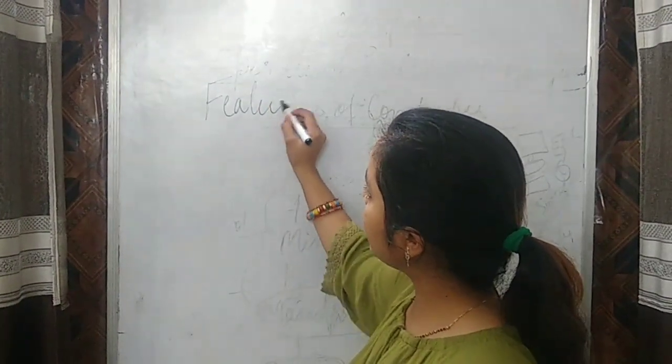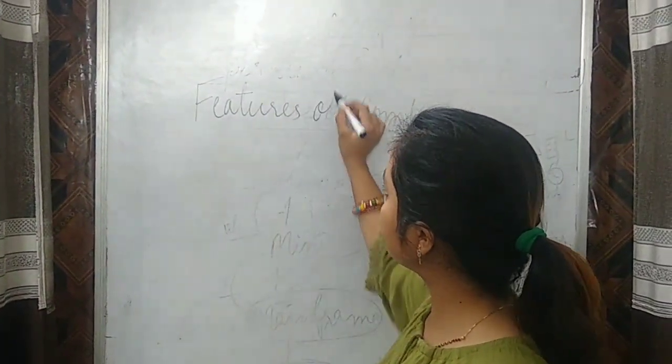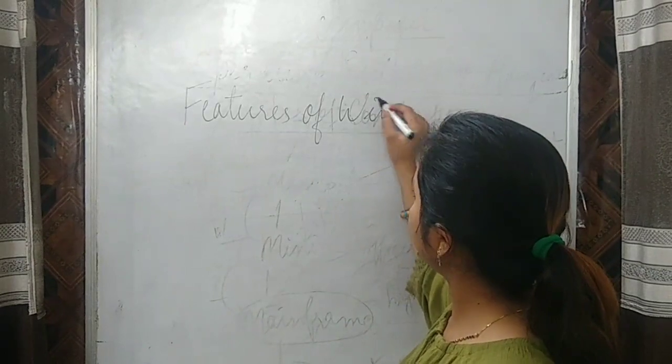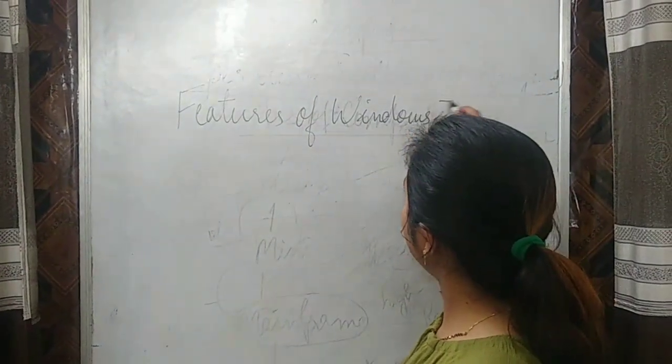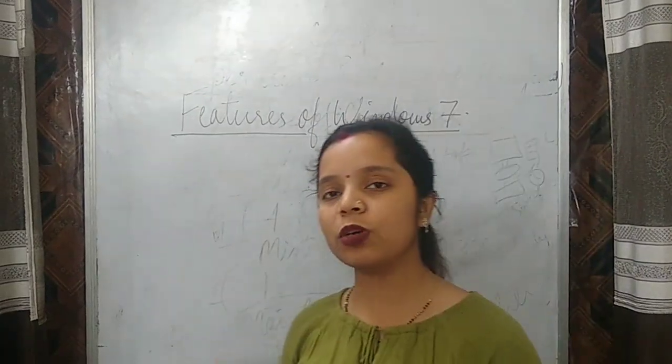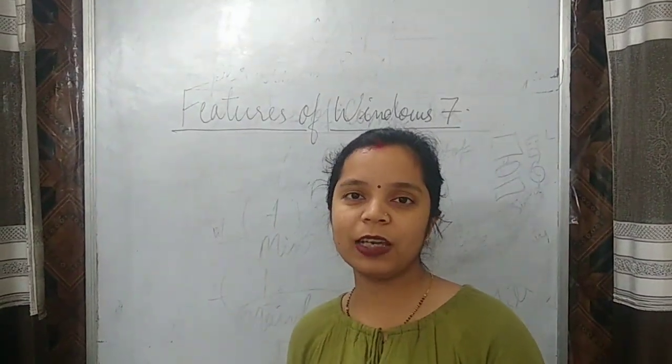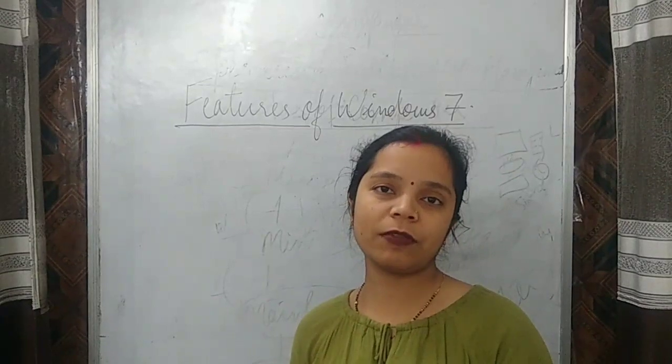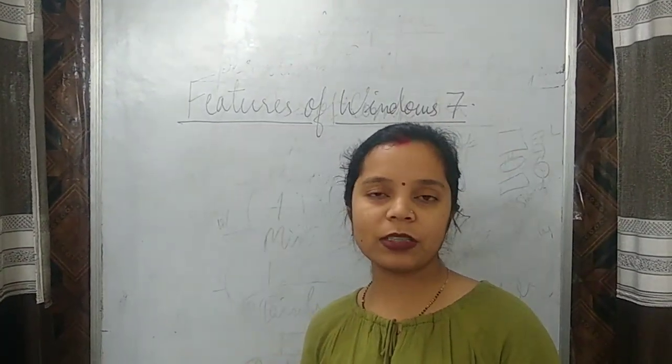Now first, in this chapter you will study about features of Windows. Features of Windows 7. Now what are the features of Windows 7? Features means what are the qualities of Windows 7? Why we should use Windows 7? So first we will study about that.